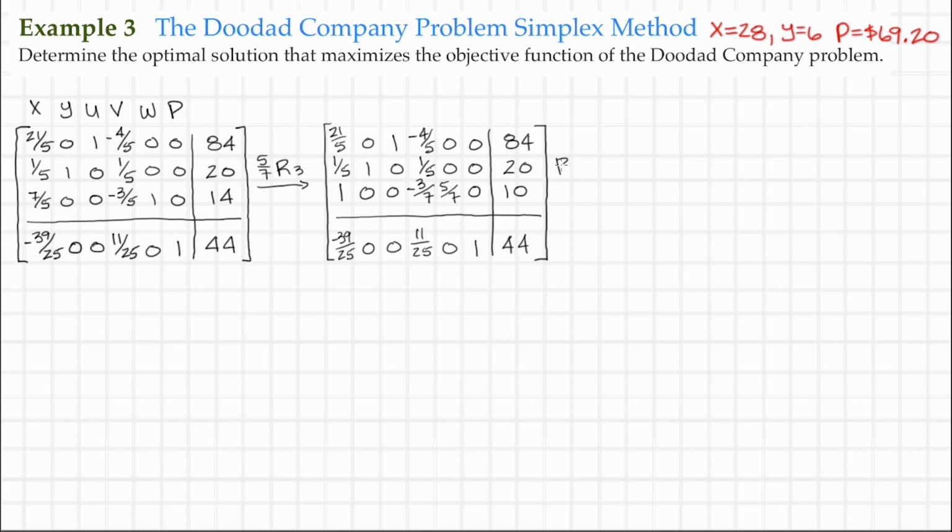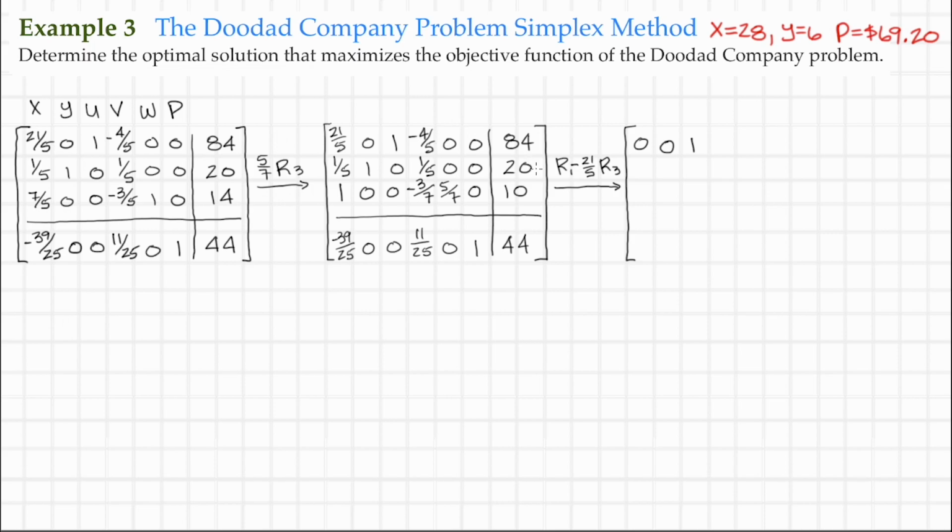So we could say row 1 minus 21/5 of row 3. Put in our bracket. 1 times 21/5 is 21/5. 21/5 minus 21/5, that's 0. That's the whole idea, right? 0, 0, that'll be 0. 0, this will be 1. Negative 3/7 times 21/5, that's negative 9/5.